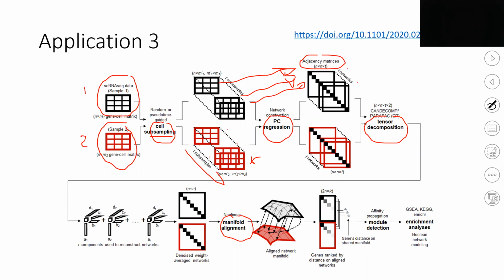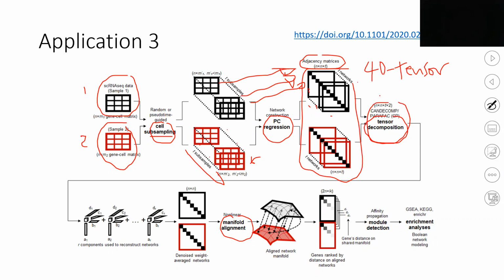So for each of sample 1 and 2, you have these multiple networks. If you consider them together, this is 3D plus 2 samples, so 4D. So you have a rank 4 tensor, a 4D tensor here.